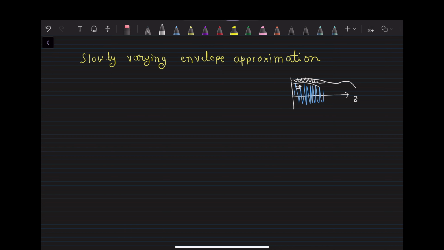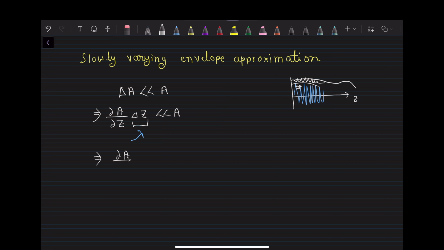Suppose del A is the change in envelope, then del A is very small compared to A, so it's varying very slowly. Then delta A can be written as this. Now the idea is it's changing very slowly in the length scale of the optical wave, that's the wavelength. So I can replace it with wavelength only.